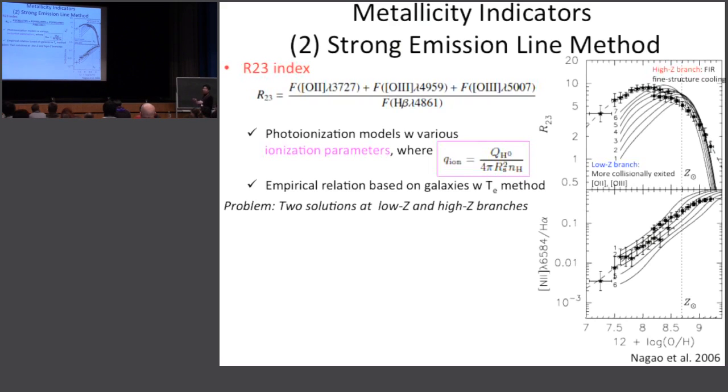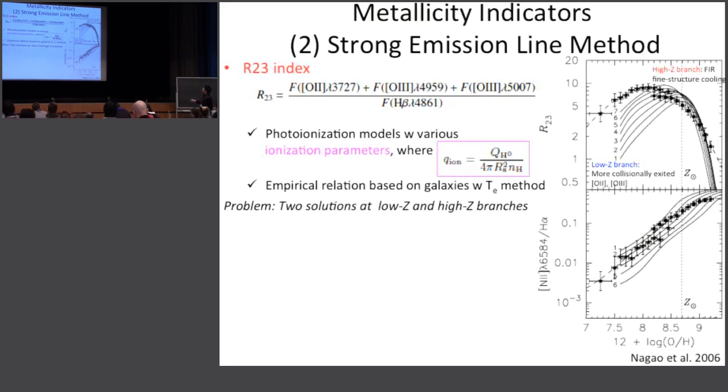In short, the ionization parameter is the excess of ionizing photons per hydrogen atom, that is, how many more ionizing photons exist. As you can see, the calculated relation is very different from a single ionization parameter sequence, but it's changing. So it is interesting.